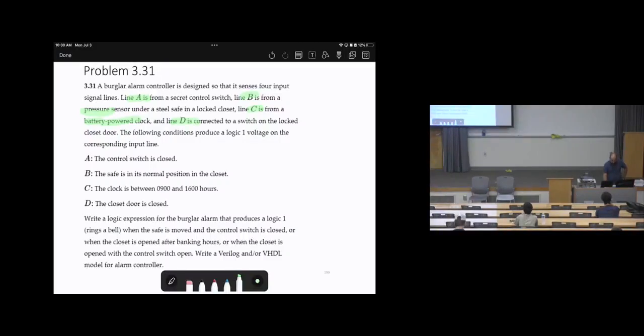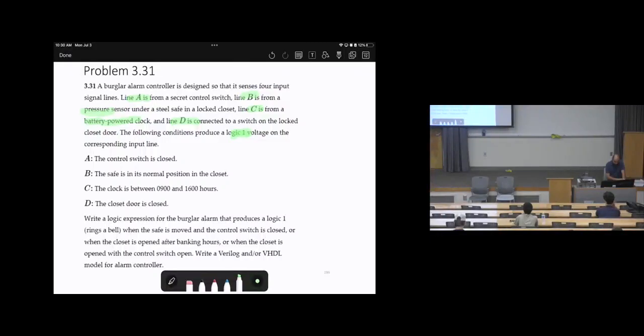The following conditions produce logic 1. Sensor A, the control switch, is closed.